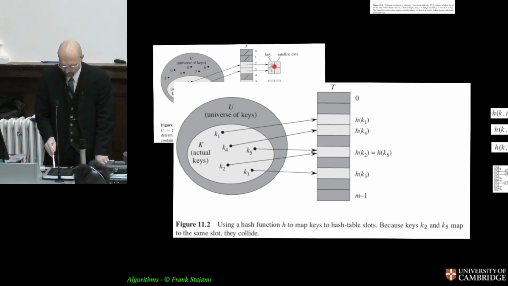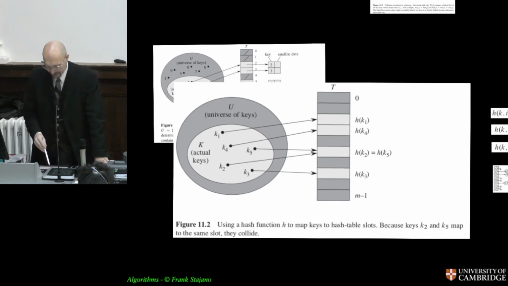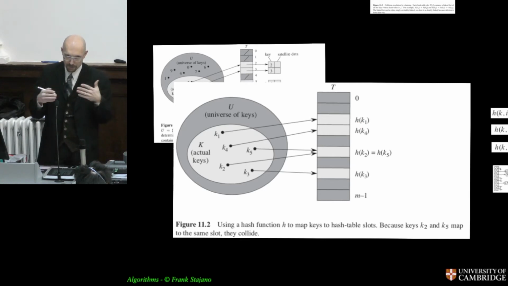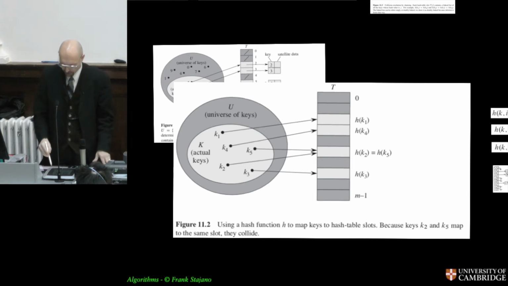Here I had a pointer to a record, and here I could have a pointer to the first record in a linked list. And then this linked list would contain all the keys that hashed to the same value. But still, I'm hoping to build a hash function that does a good job of spreading the keys uniformly across this range from 0 to m minus 1.